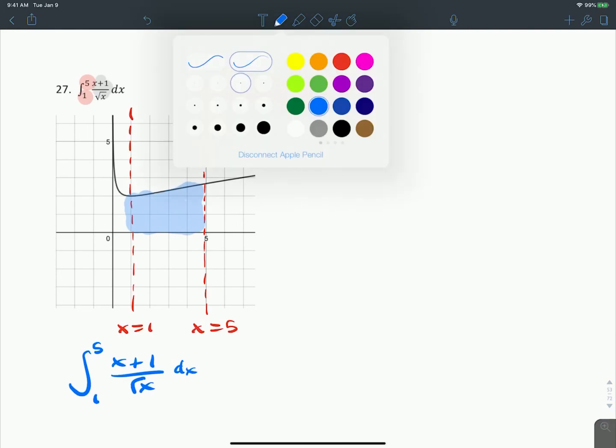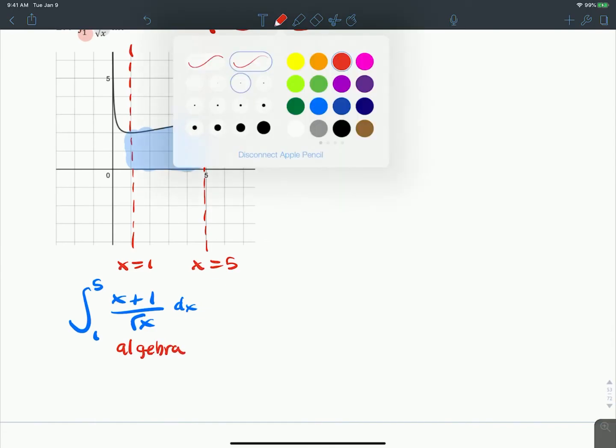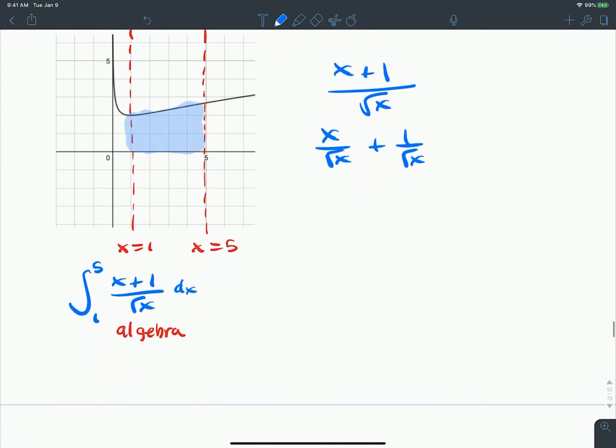So we'll put that down here. We're going to say, use algebra, meaning distribute your division. We'll put that work over here. X plus 5 divided by the square root of x over the square root of x, plus 1 over the square root of x.